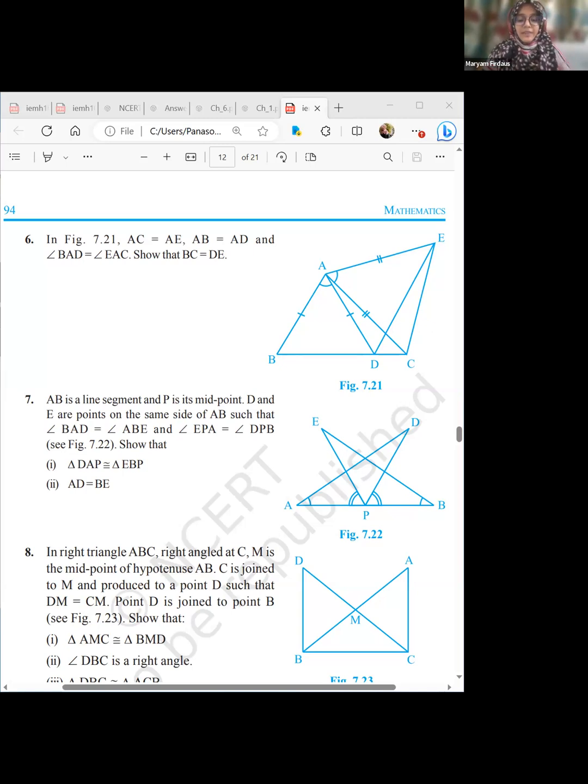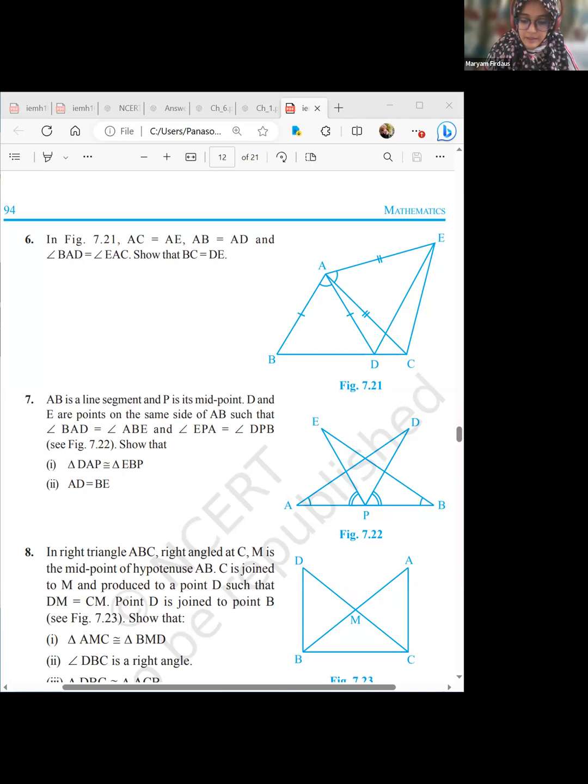What is given? That angle BAD, the black angle, and angle EAC, this one, the one that I've marked. Let me mark it again for you. Angle EAC, this one.